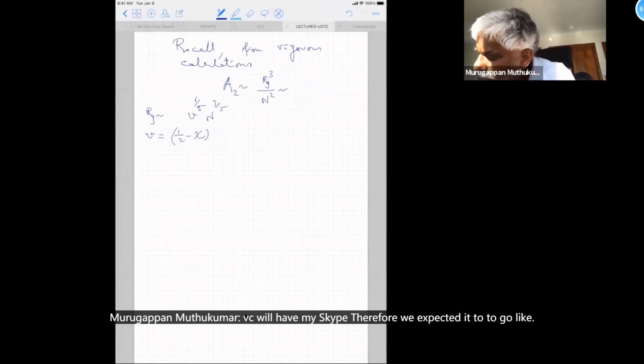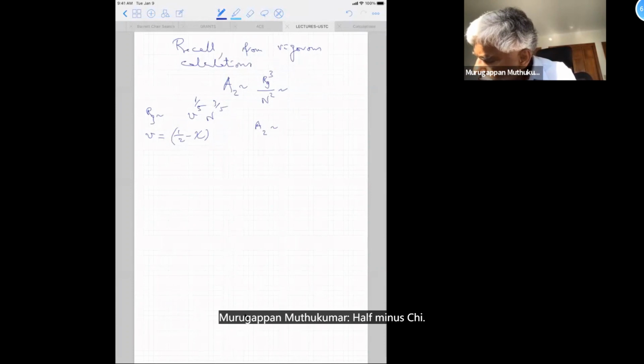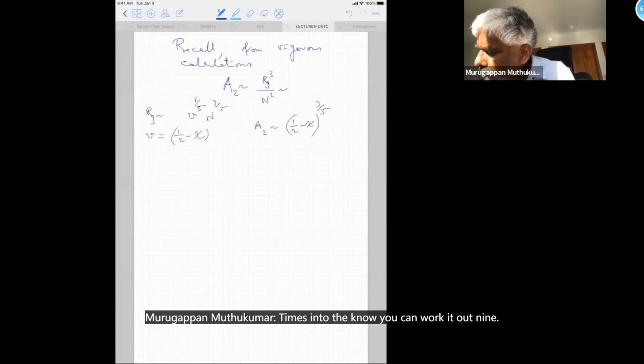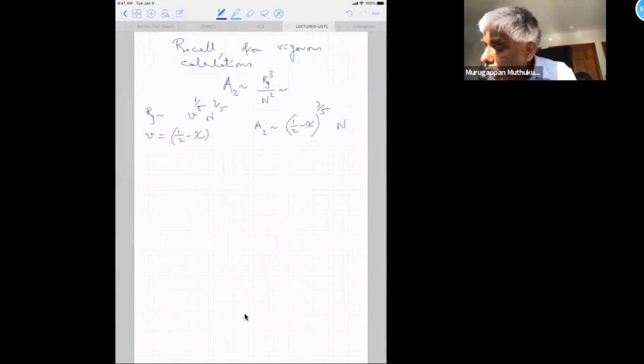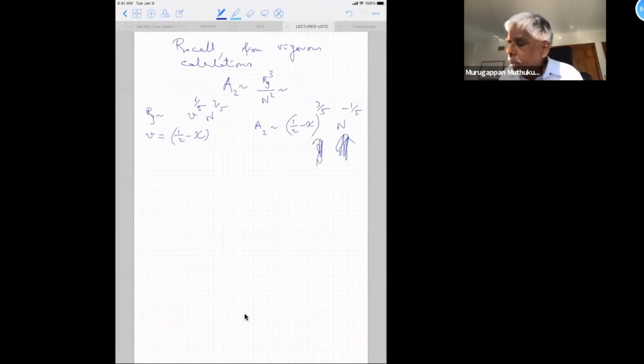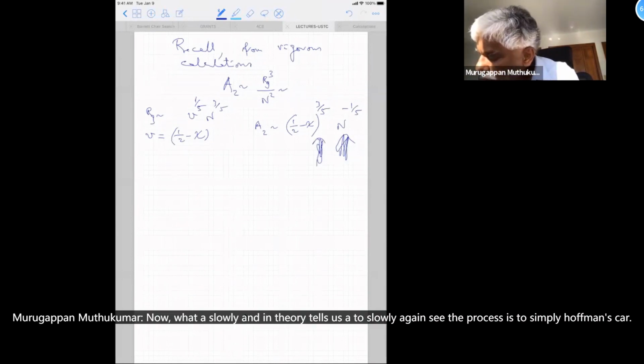Therefore, we expected A2 to go like half minus chi power 3/5 times N to the, now you can work it out, 9/5, right? Minus 2 is a minus 1/5. That's what we got. See, we got the molecular weight dependence and also a different exponent here. Now, what the Flory-Huggins theory tells us is A2 is simply half minus chi.